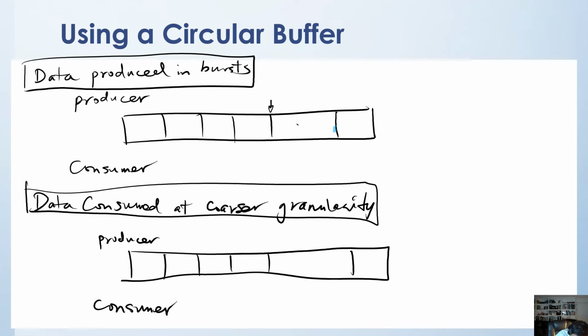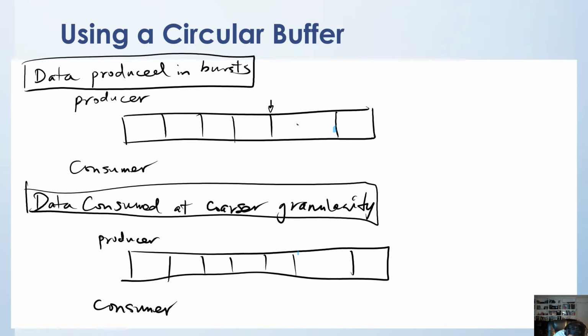The producer can produce the data 1, 2, 3, 4, 5, and then the consumer suddenly comes and consumes all the data at a very fast rate.